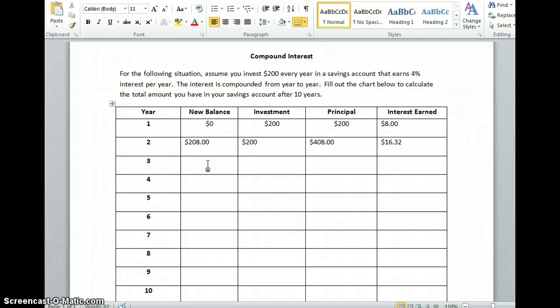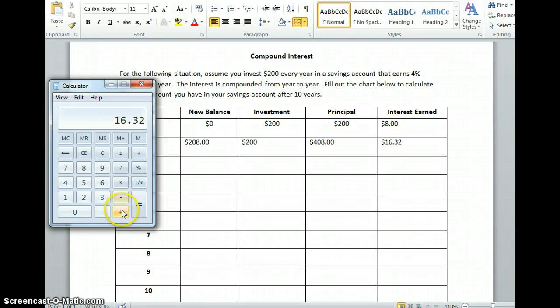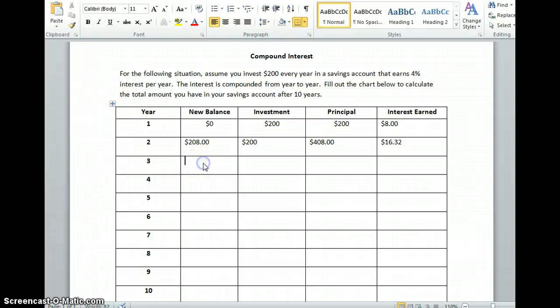My new balance heading into the new year: I would add 408 and 16.32, which gives me $424.32.